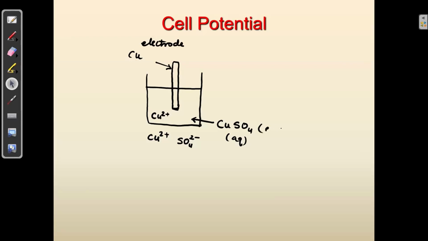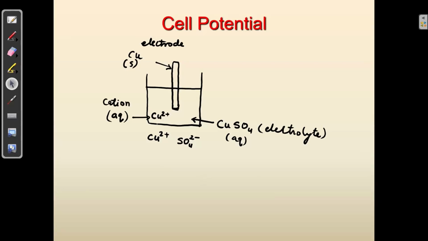Copper sulfate is the electrolyte. Now, what will happen between the solid copper electrode and the aqueous copper ions? These are copper ions in the aqueous state, and they are cations, positive.